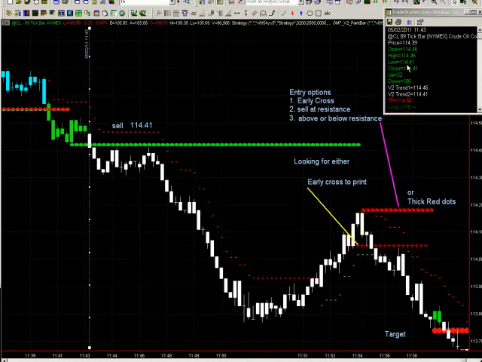So our initial stop on any trend trading setup will be the trailing profit, which is the little red dot, or we can work out a fixed stop, so we decide what our stop's going to be.